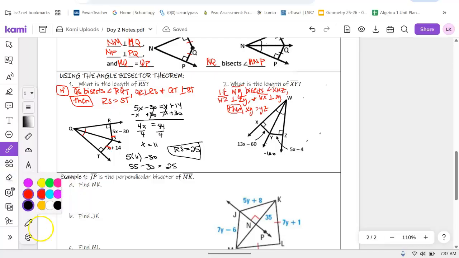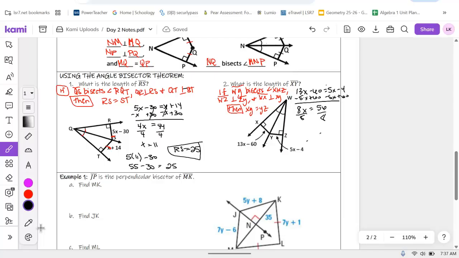Okay, so I wrote down what the theorem would be. But what you need to do for solving this is you are just setting them equal to each other and solving for x to start with. So 13x minus 60 equals 5x minus 4. Add 60 and subtract 5x. 8x equals 56.